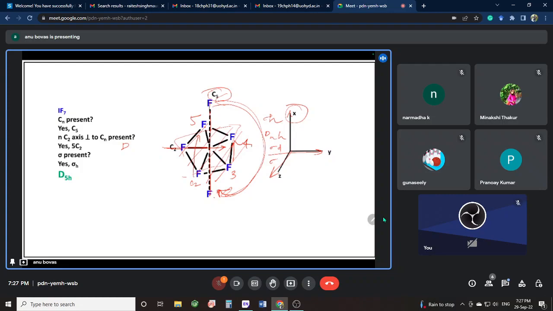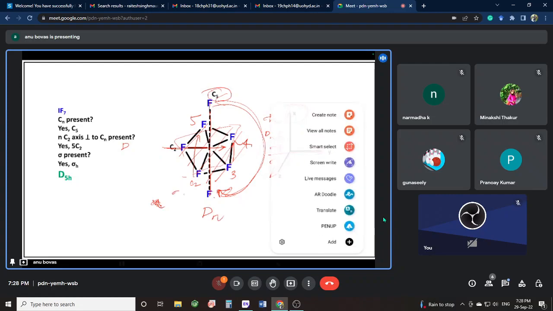In that case, if the plane is perpendicular to the principal axis, we say such a molecule has sigma h. So if sigma h is present, then we will have D5h. The first one we should check is sigma h. If sigma h is not present, then we have to check for sigma d, and if both are not present, then it will be simply Dn.